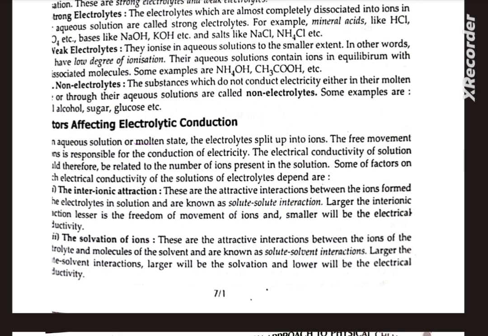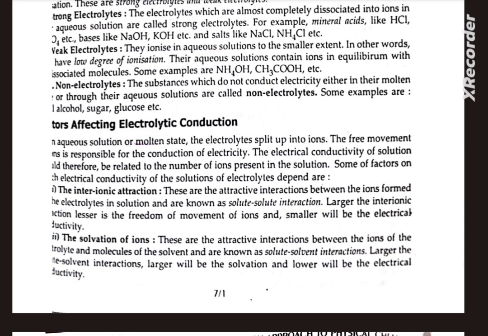Some of the factors on which the electrical conductivity of the solution of electrolytes depends are: first, interionic attraction. These are the attractive interactions between the ions formed by the electrolytes in the solution and are known as solute-solute interaction.